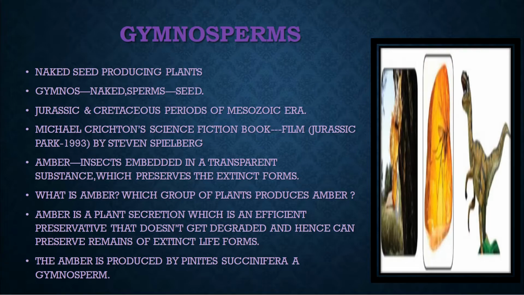So what is amber and which group of plants produces amber? It's an important question. Amber is a plant secretion which is an efficient preservative that does not get degraded, and hence it can preserve the remains of extinct life forms. Amber is produced by a gymnosperm plant called Pinites succinifera.